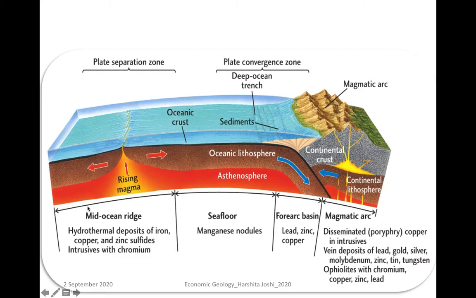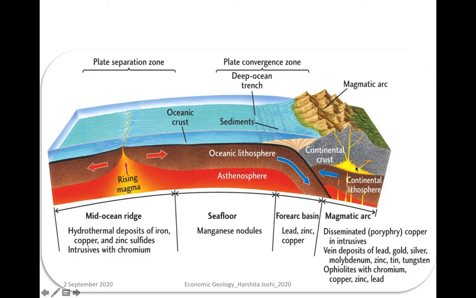So, if we try to understand it this way, the magma rises, it comes on the surface where the plates get separated from each other. For example, it may be in the mid-oceanic ridge, or the crust goes beneath the other crust, and due to partial melting, it produces a different type of magma which has a different composition relative to this, and this magma then comes back with a different composition.